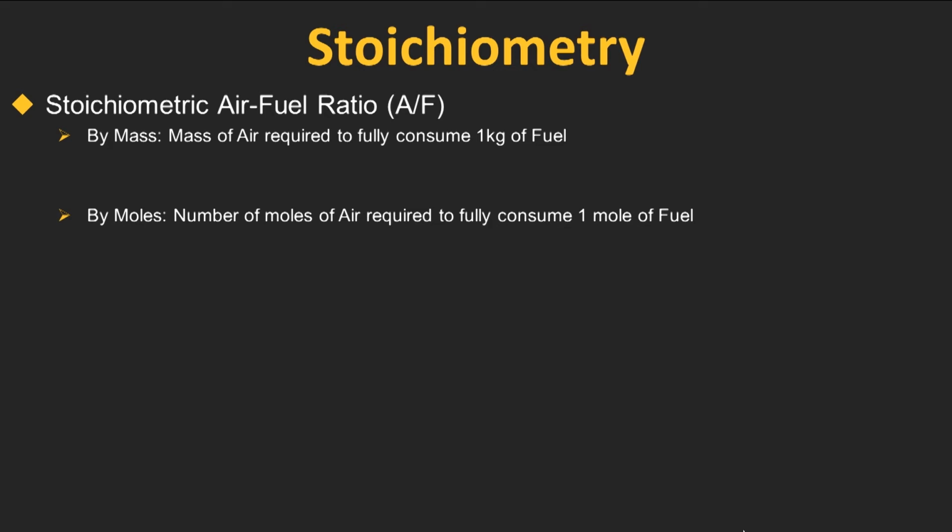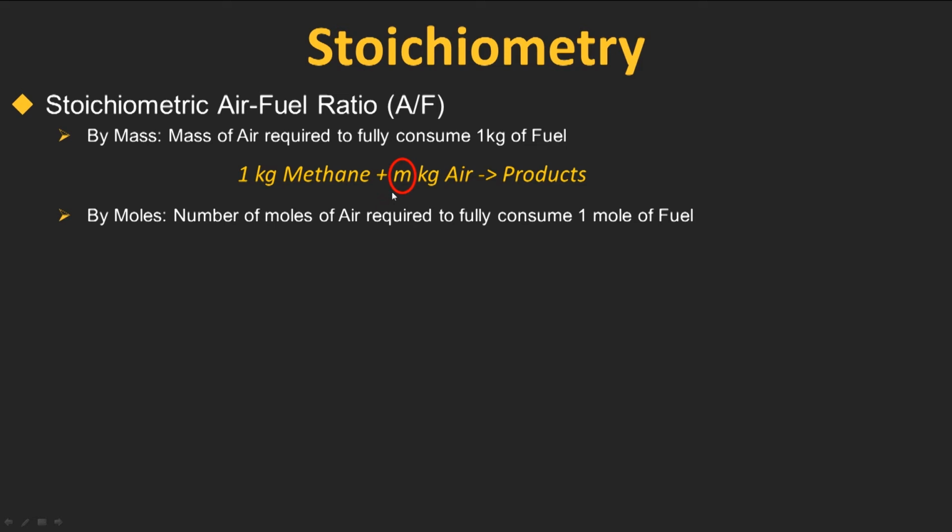By mass, this ratio is exactly how many kilograms of air is required to fully consume 1 kilogram of fuel. For 1 kilogram of methane, for example, let's say we'll need m kilograms of air to fully react it away. Then m is the stoichiometric air-fuel ratio for methane air combustion.